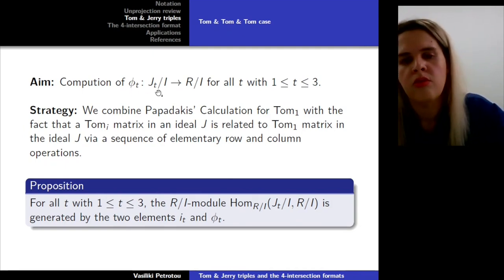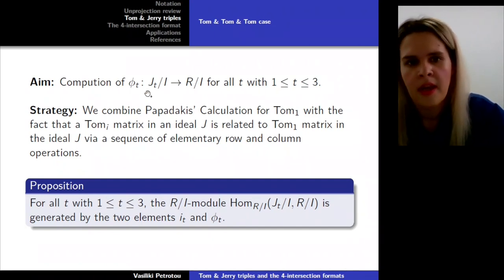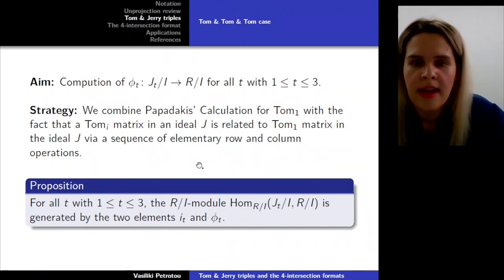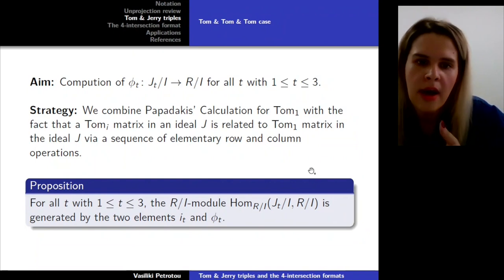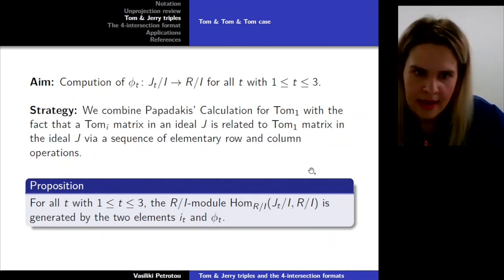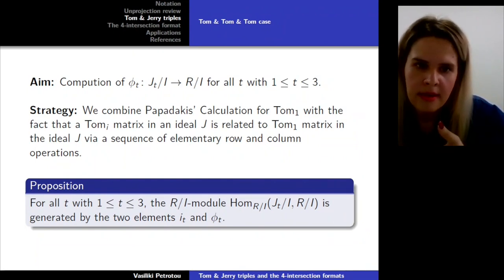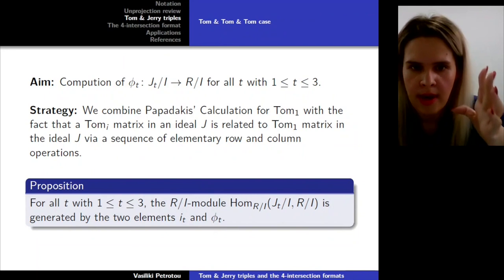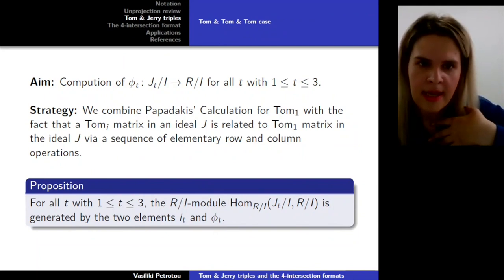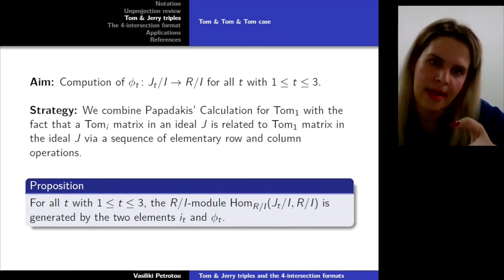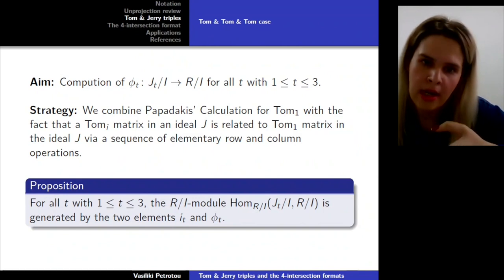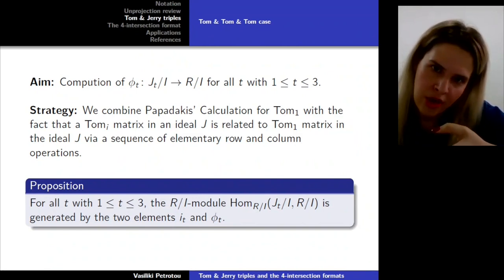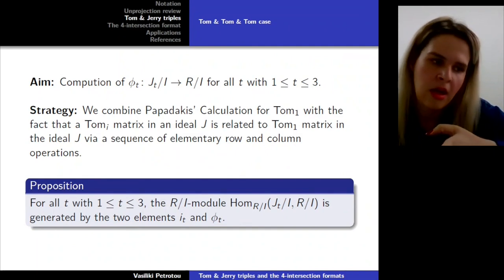In order to compute these phi's, we take into account that our matrix is a Tom 1 in the first ideal, and we recall that, for example, for the computation of phi 1, phi 1 is related with ideal J1. Our matrix is a Tom 1 matrix in the first ideal. We recall that Papadakis' calculation is related to a Tom 1 matrix in his ideal.